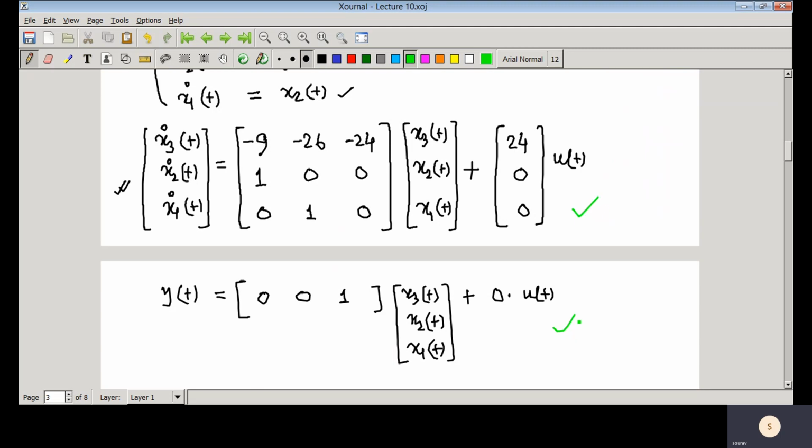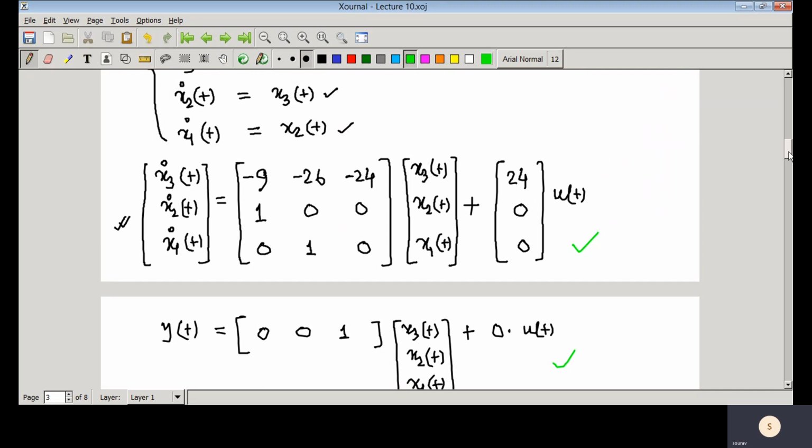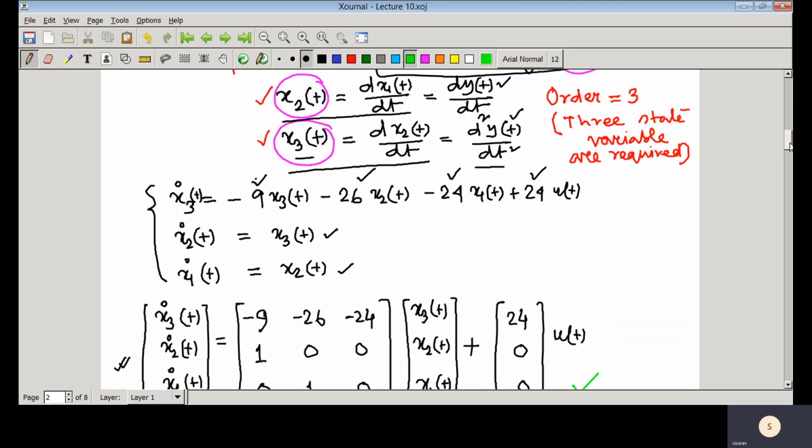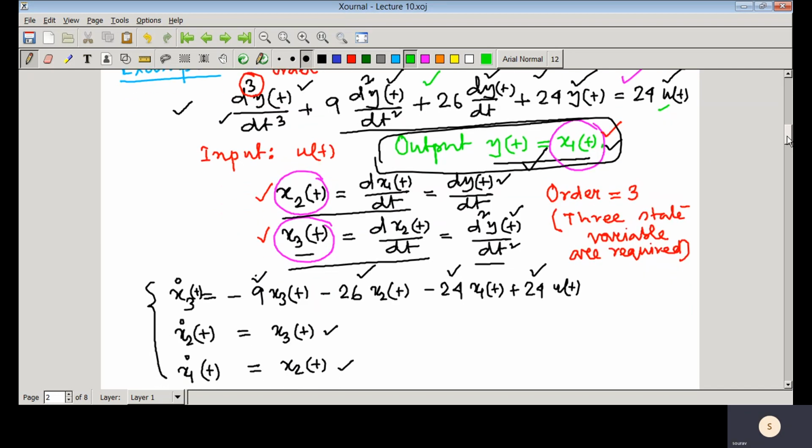So this particular structure, this one and that one, they are called the state space modeling of this dynamical system. That means whenever a dynamical system is described by one differential equation, just by defining three state variables, and here I have shown how to define state variables and how to choose the number of state variables.